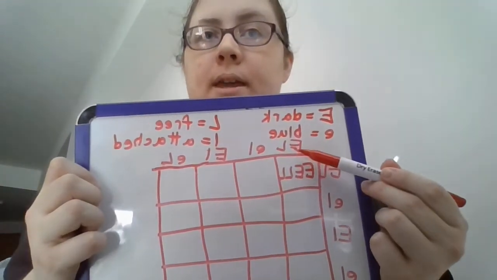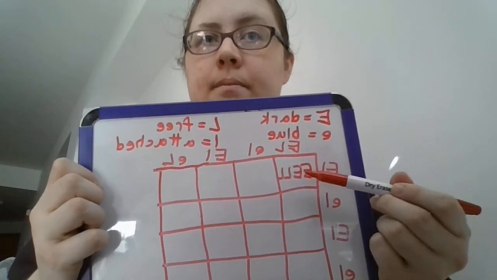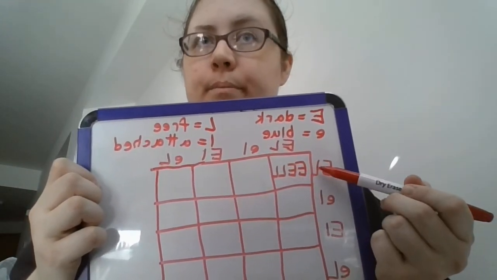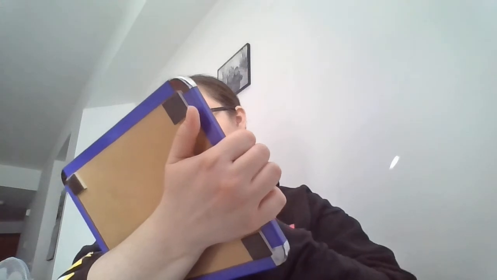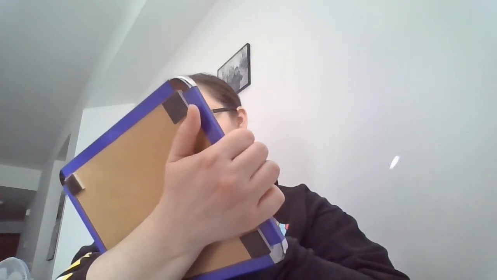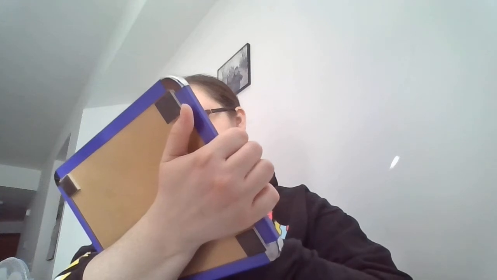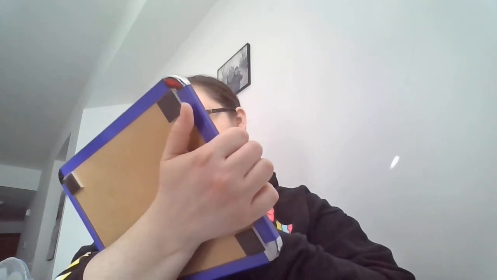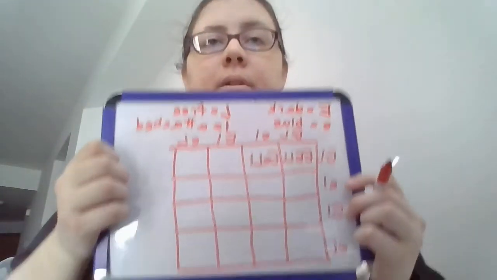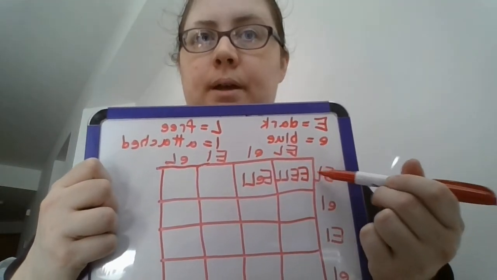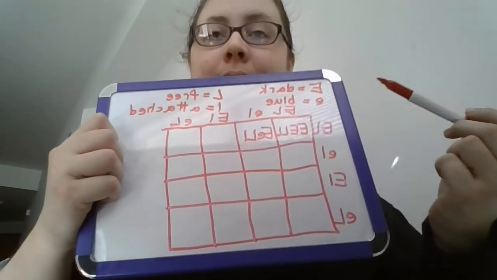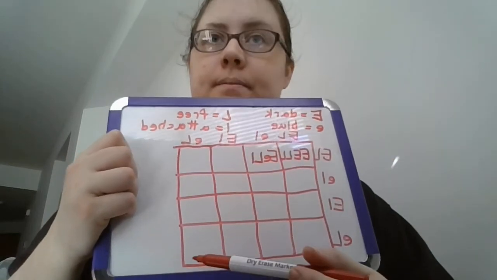So we've got a big E and a big L, big L. Same with this one. Big E, little e, big L, little l. And you just fill out this whole thing.